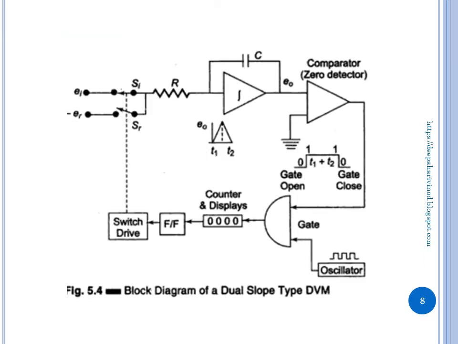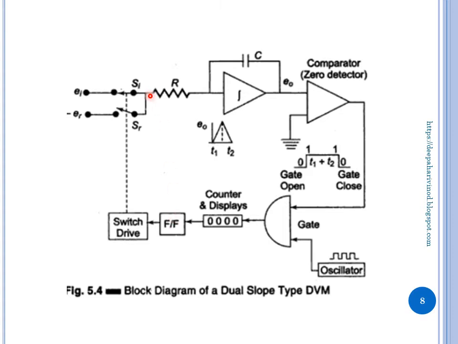So here we can see the block diagram of the dual slope type DVM. First, initially the counter is reset and the flip-flop output is logic 0.